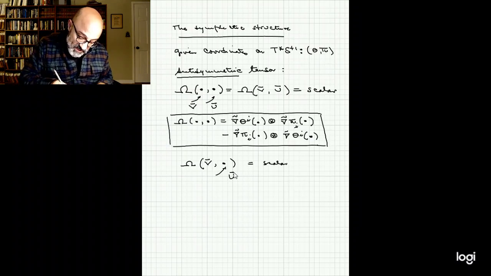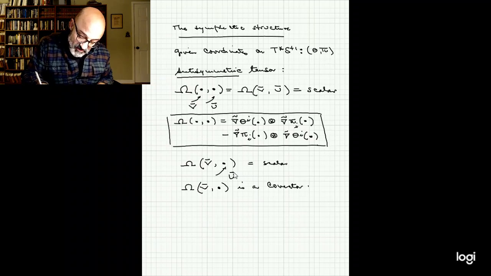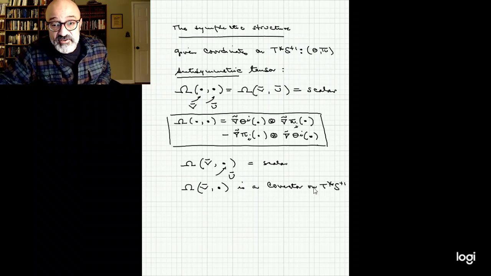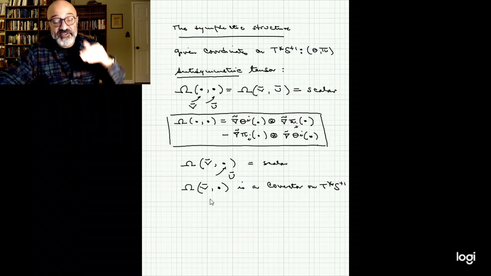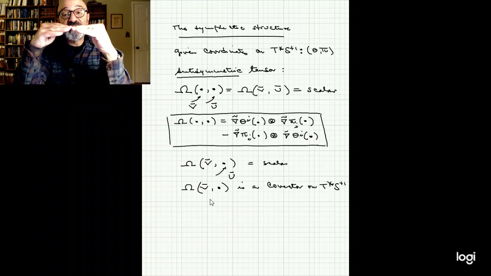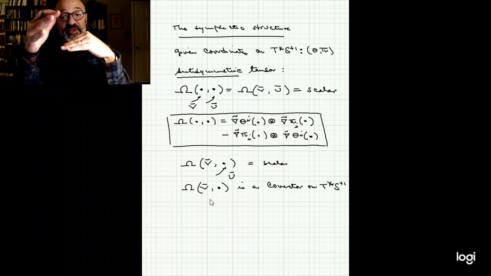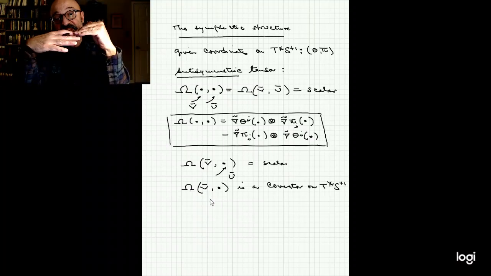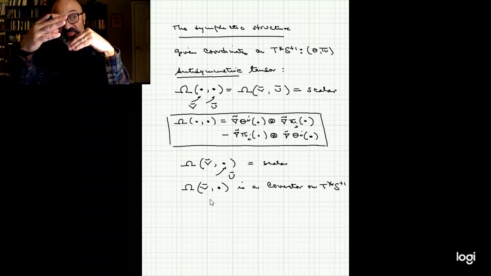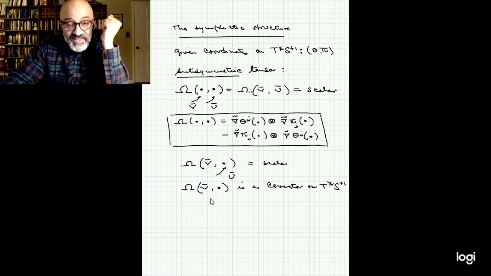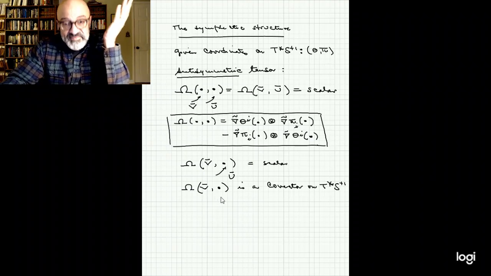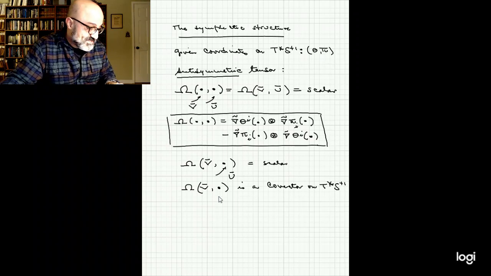So in other words, this object here is a covector on the space that we're talking about, the cotangent bundle. So now we have two ways to map vectors to covectors. One way is the metric tensor. That's the process of raising indices. This is a different way, and it has no name, but we'll continue and see where this leads us.